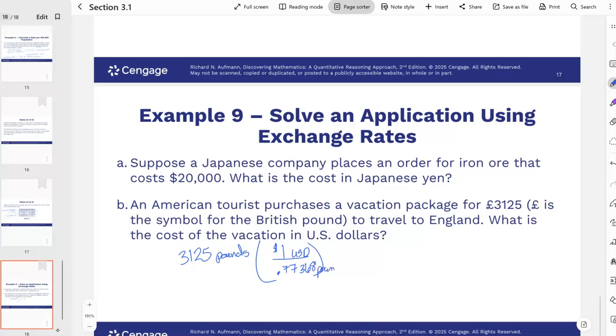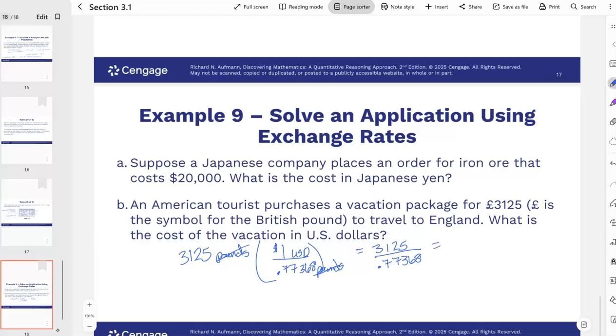So notice the way that I set this fraction up. I set it up so that those pounds are going to cancel, right, when I multiply fractions. And then I'm just going to multiply fractions straight across. So it's going to be 3125 times 1, which is 3125. And then I'm going to divide that by the 0.77368.